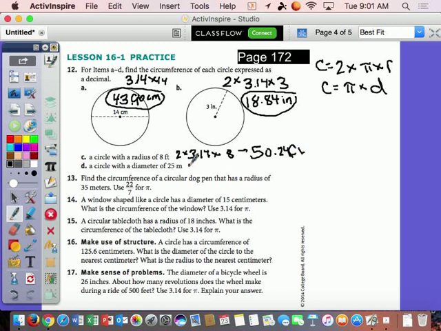All right, this should have been 3.14 times 25, which was 78.5 meters.